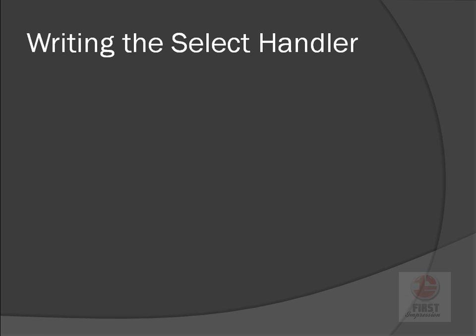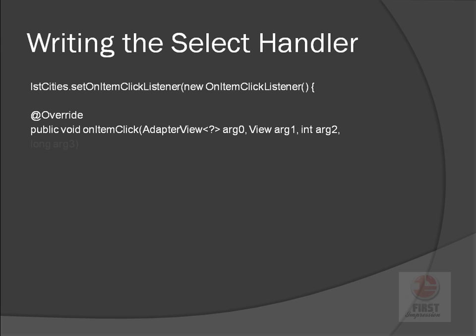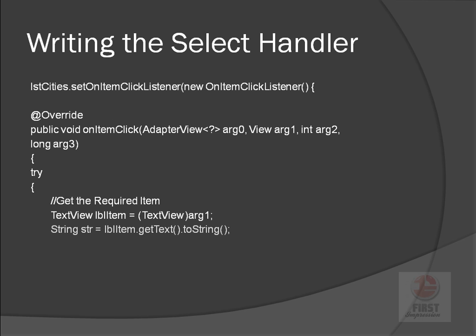So we'll say lstcities.set on item click listener, and when someone clicks on the item, we'll get the required item from there. We'll get the string of the required item and we'll split it with the help of a comma. So we'll say str.split, and whatever item has been selected will be split with the comma, and you will get all the records, that is the ID, name, specialty and code inside the data.